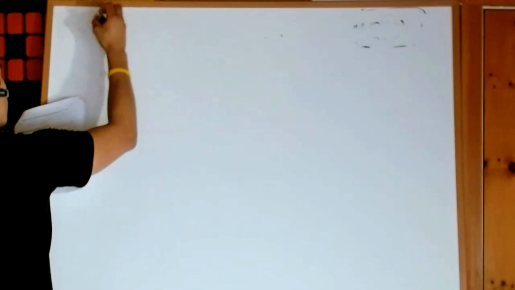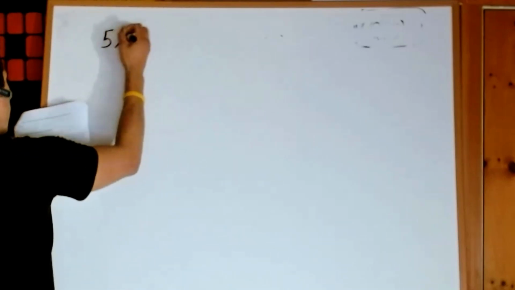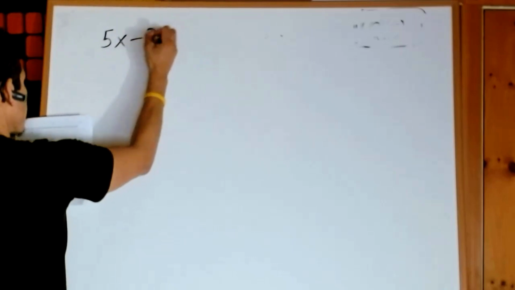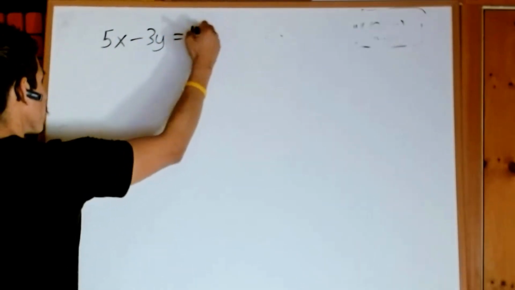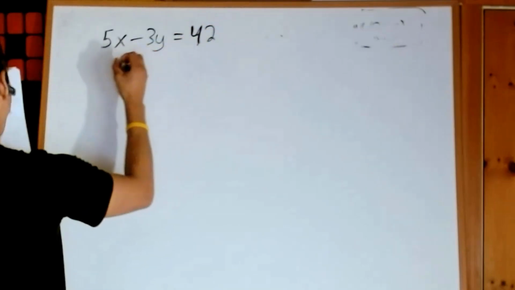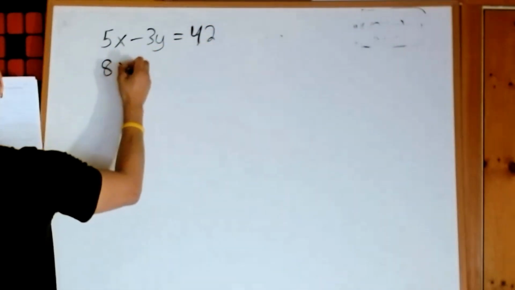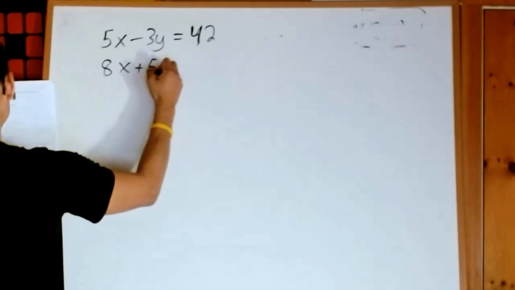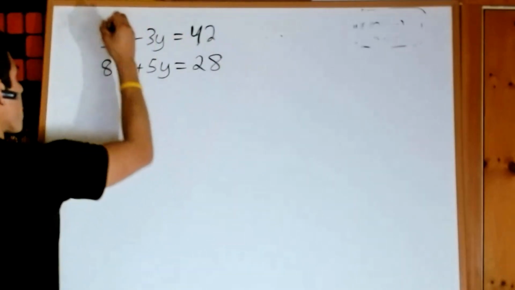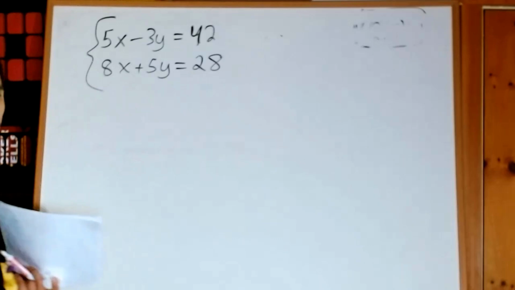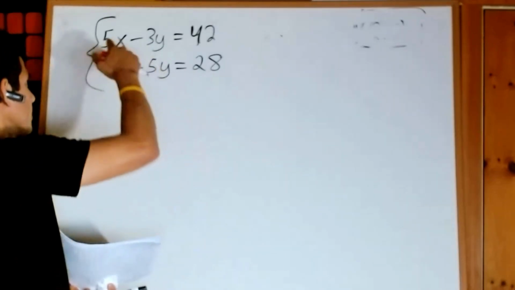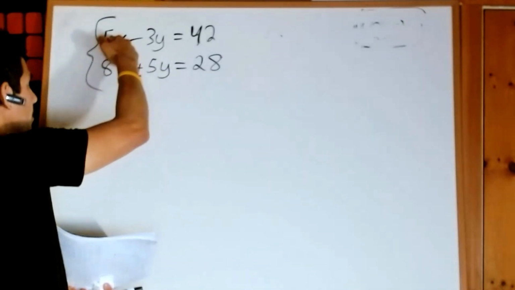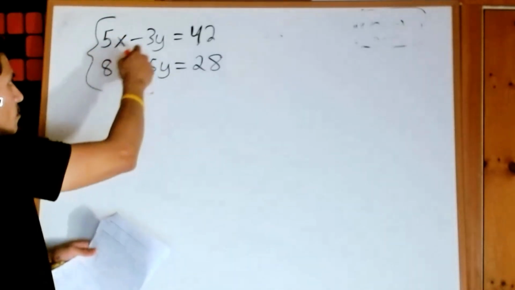All right, so for the next one, we'll have 5x minus 3y equals 42. 8x plus 5y equals 28. All right, so now we can see that we don't have the same coefficients for x or y.